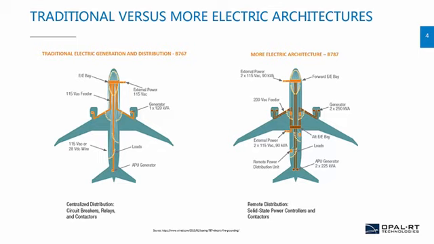In the case of the Boeing 787, which is an example of a MoreElectric aircraft, compared to its predecessor, the Boeing 767, we see that it can generate up to 1 megavolt amps, which is roughly 4 times higher than the electric power on board of the Boeing 767. Also, remote distribution is used to accommodate an increasing usage of electric loads.